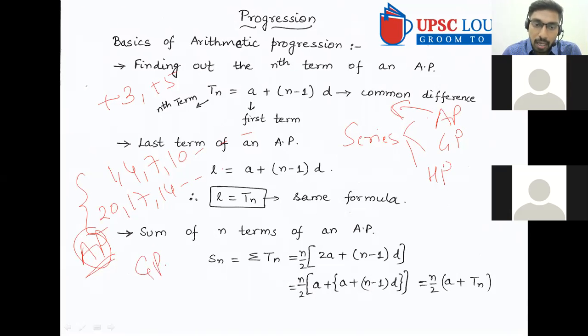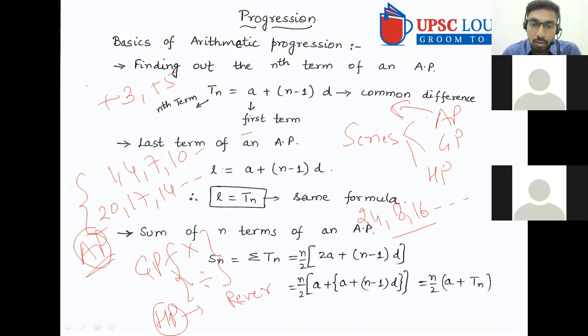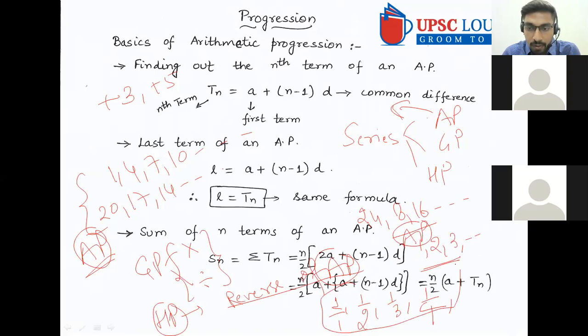And GP means either multiplication or division by a particular number, like 2, 4, 8, 16 and so on. And HP means the reverse of AP. If a sequence is in fractional form, like 1, 1 by 2, 1 by 3, 1 by 4, and when you reverse all the numbers the sequence is in AP, then the original sequence is in HP, that means harmonic progression.